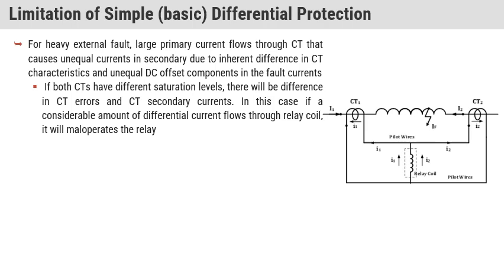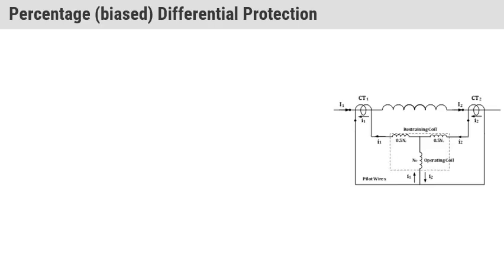If both the CTs have different saturation levels, there will be a difference in CT errors and CT secondary currents. In this case, if a considerable amount of differential current flows through the relay coil, it will maloperate the relay.